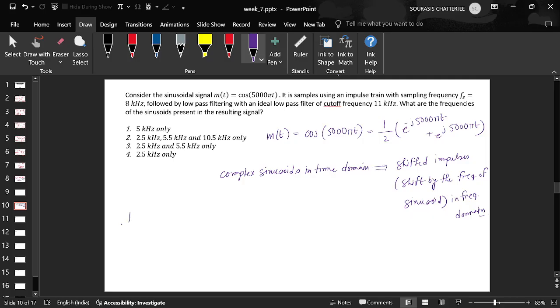So when you talk about this time domain signal, a sum of two complex sinusoids, which is actually our message signal also, the frequency domain representation is nothing but two spikes at frequency 2.5 kilohertz and minus 2.5 kilohertz.